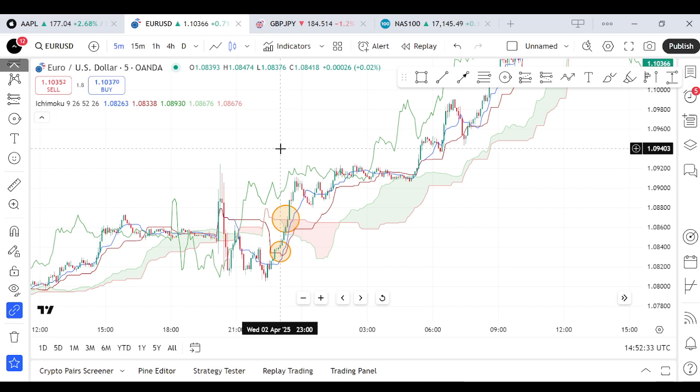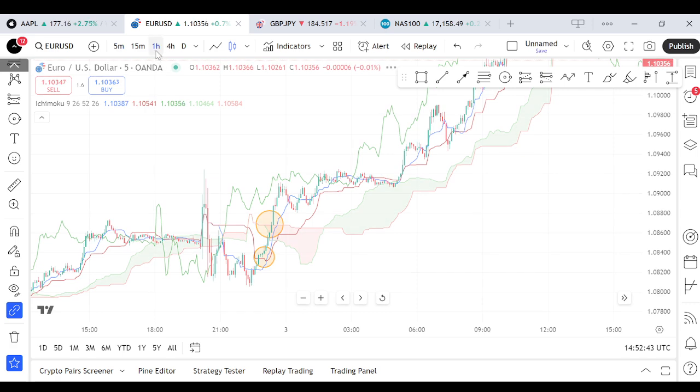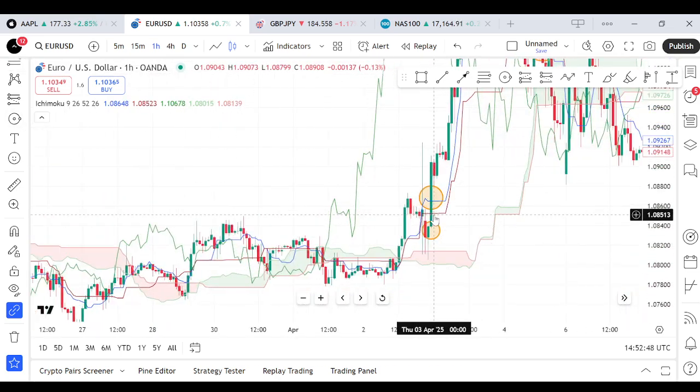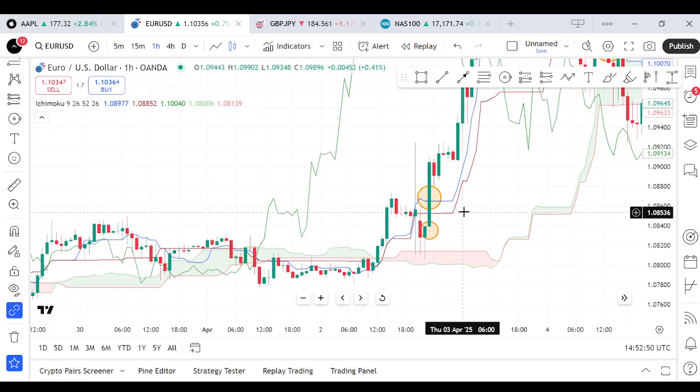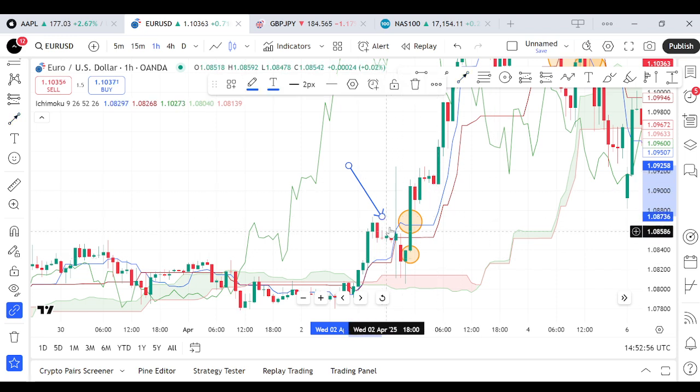And the first step, like I said, is to focus on identifying the trend direction. Now on the 5-minute, you can see we are bullish, and you should confirm that on the 1 hour we are also bullish. And you can see the time we had all those crossovers and confirmation, which was right here. As you can see, we are bullish on the 1 hour.